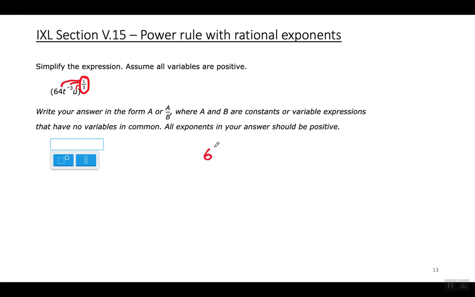That's going to give me 64 to the 1/3, t to the negative 3 over 3, and u to the 1/3. Okay, now let me first get rid of that negative sign. By the way, what's negative 3 divided by 3?